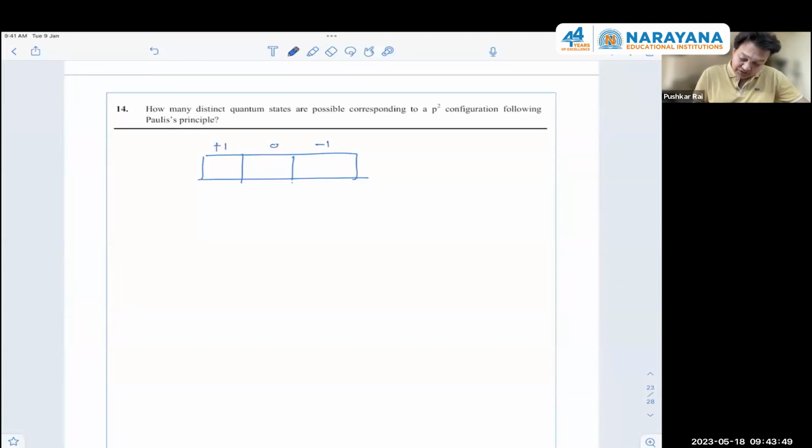And there are two spin states associated with each, +half and -half. The idea is that you create how many boxes? 1, 2, 3, 4, 5, 6 boxes.